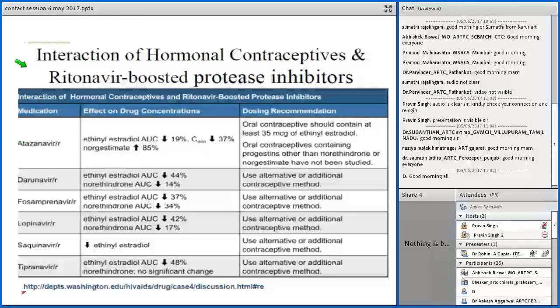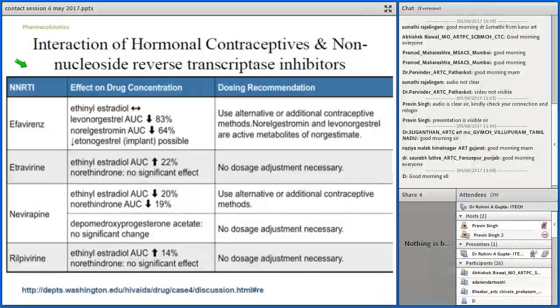CYP450 system. This is just a list of interactions of various hormonal contraceptives and ritonavir boosted protease inhibitors. You should look at this slide. All of them reduce the efficacy of oral contraceptives. Efavirenz also, as I said, NNRTIs also reduce the efficacy of oral contraceptives.